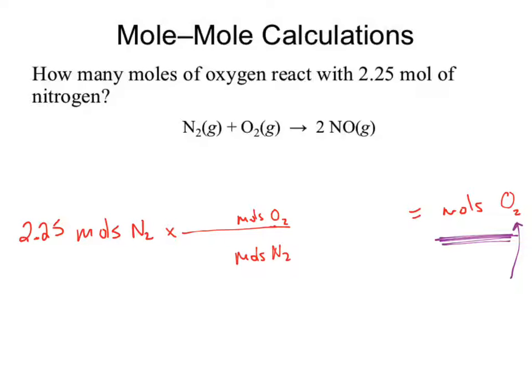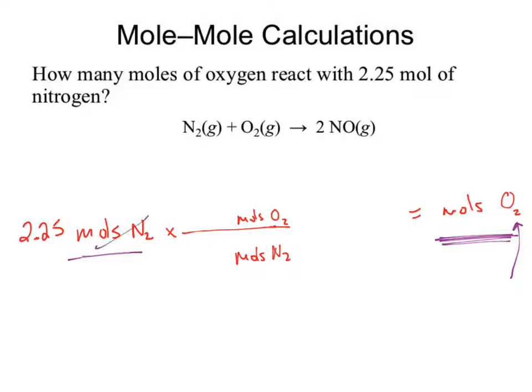Otherwise, it is assumed to be oxygen, the element, which is diatomic. It's one of our diatomic elements, which means O2 is what we're ending with. Same deal goes with the nitrogen. It's N2, not just because of the equation, but because it's not saying nitrogen atom. It's saying nitrogen.